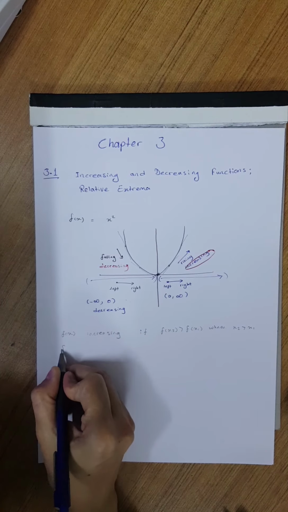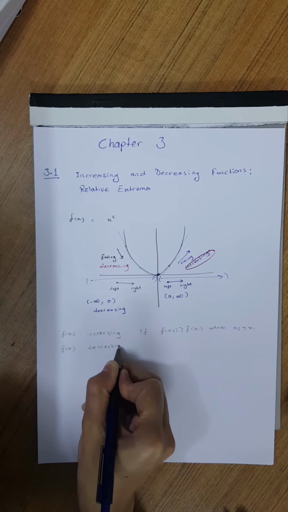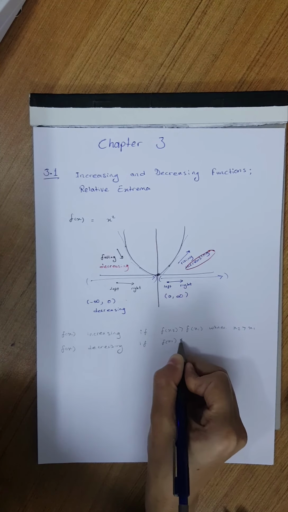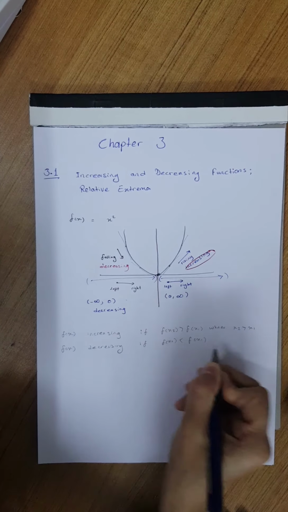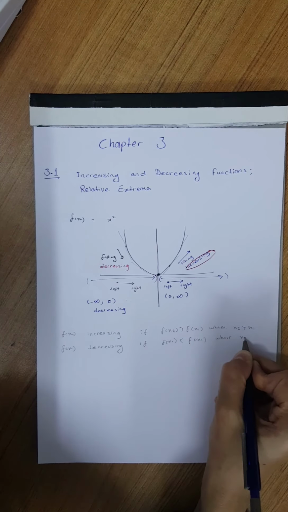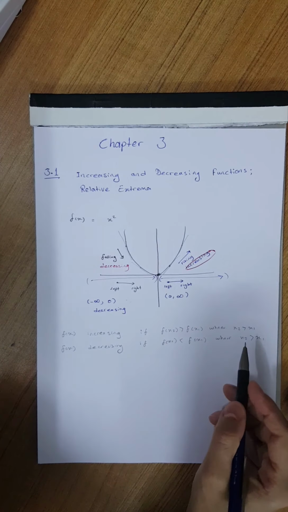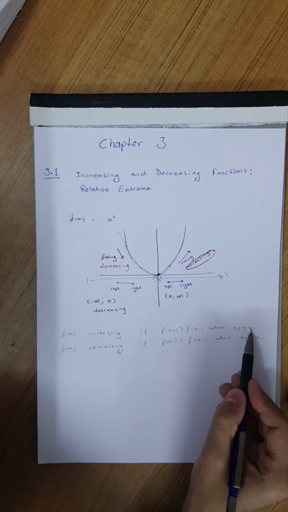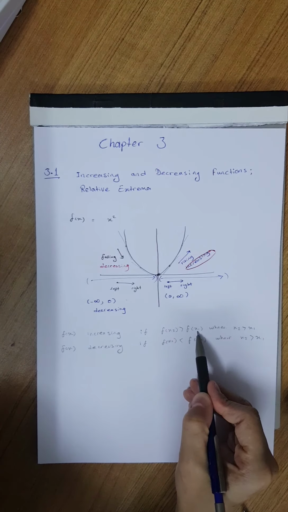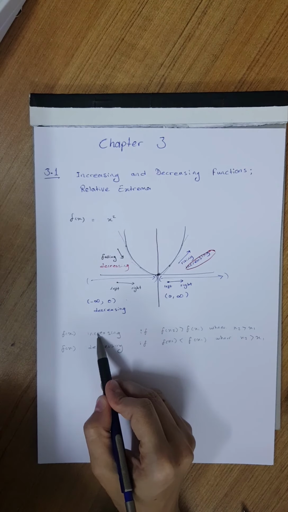And we say that f of x is decreasing if f of x2 is less than f of x1 whenever x2 is greater than x1. If you look at those definitions, x2 is greater than x1. If you have got f of x2 also greater than f of x1, that means the function is increasing.